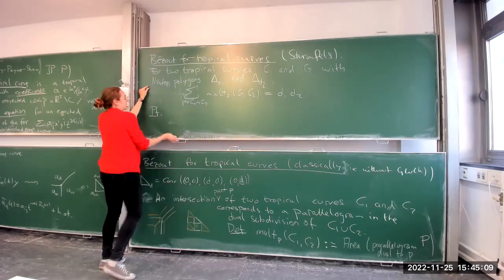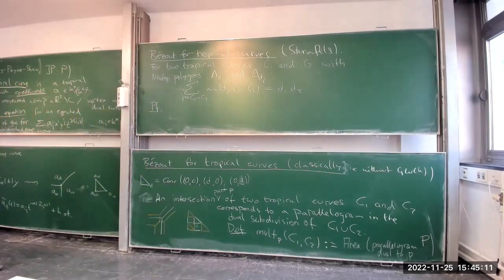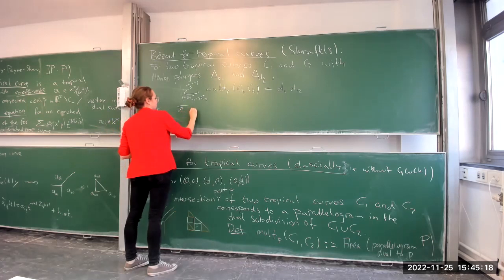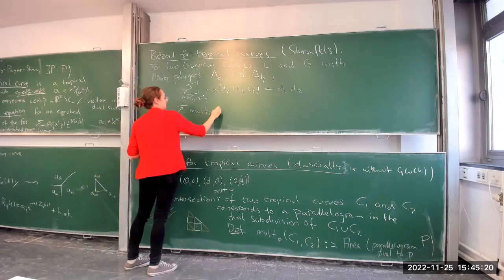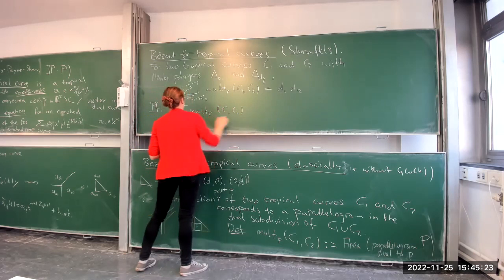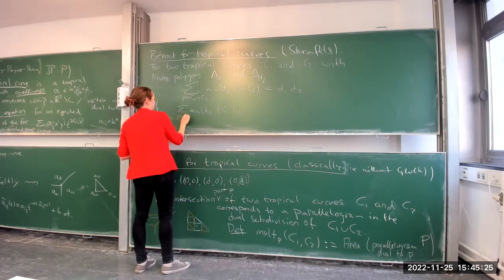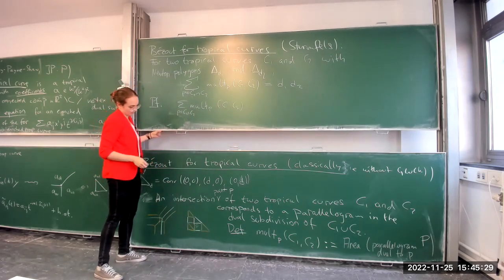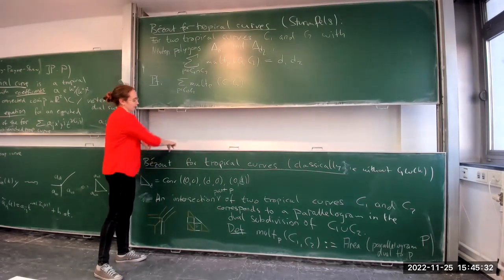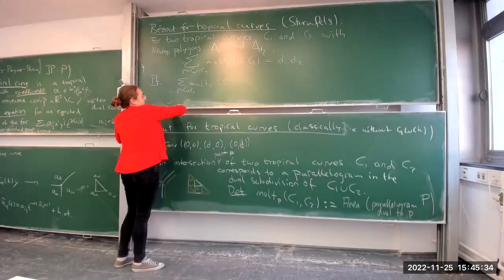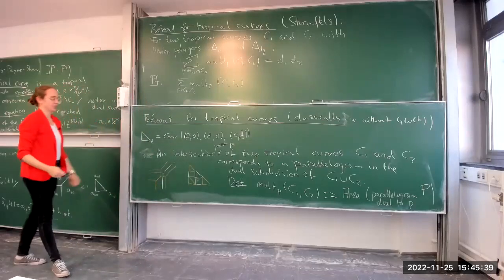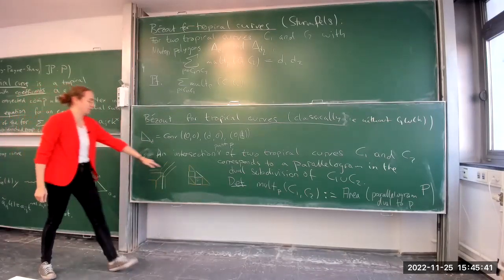I can express my sum in a different way: it follows that the sum of the intersection multiplicities is the effective area. I claim, get the picture, it's just the sum of these parallelograms. And this easy picture is just the sum of the areas of these two parallelograms.